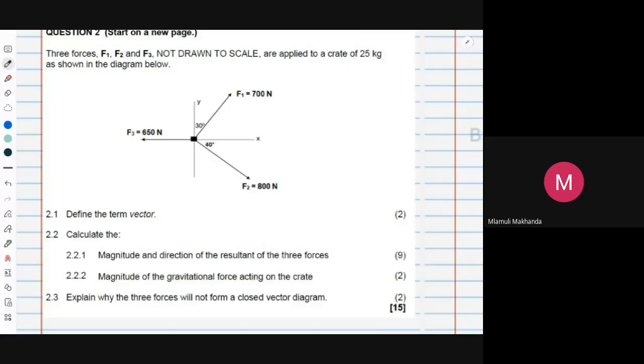I'll show you how to do that in a minute. Step two, after you've resolved them into their respective components, you group these components. You add all the X components together and you add all the Y components together. Now, once you have the total X and the total Y components, you use Pythagoras theorem to find the resultant force of this entire vector system that you see here.